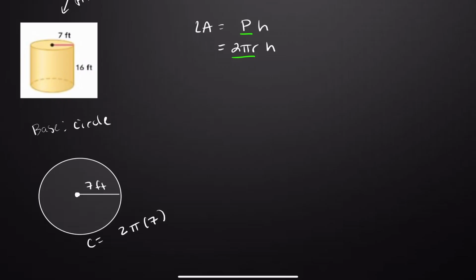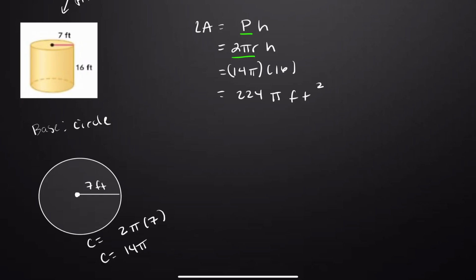So C equals 2 pi 7, which is 14 pi. So I have 14 pi multiplied by the height of the prism, which is 16. So then I get 14 times 16, which is 224 pi. And this is going to be in square feet.